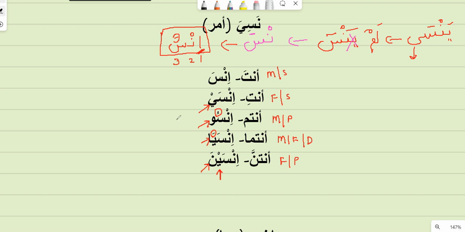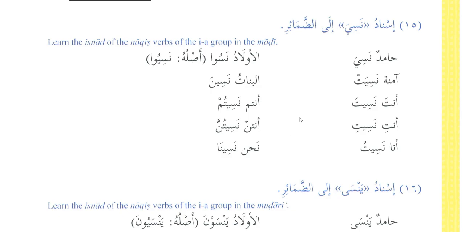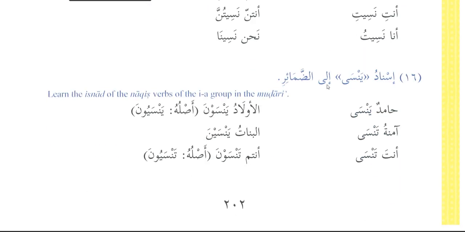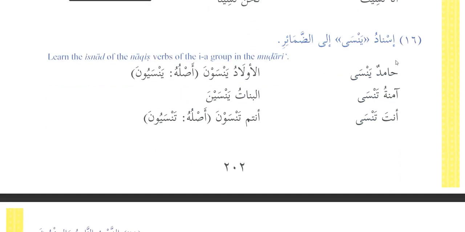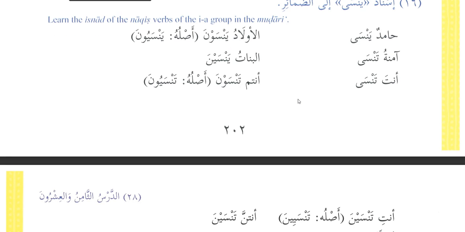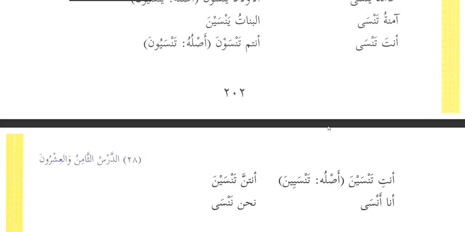Now let's get back to the questions. I did this nasiya for fail madi, and I also completed question number 16 for present tense nasiya. And here it's not given very well, but that's why I gave you all the fail mudaris with the amrs, because the duals are not mentioned in this lesson.